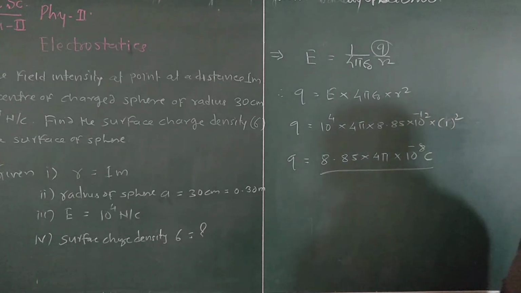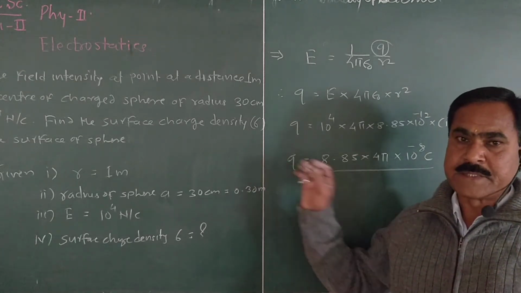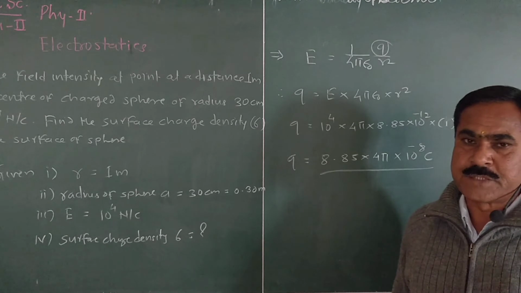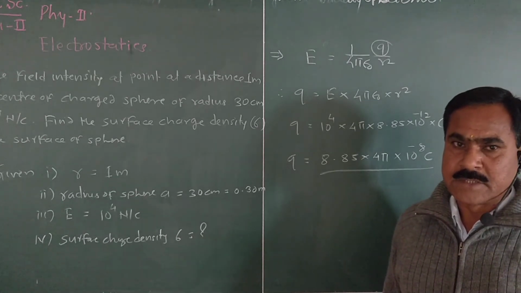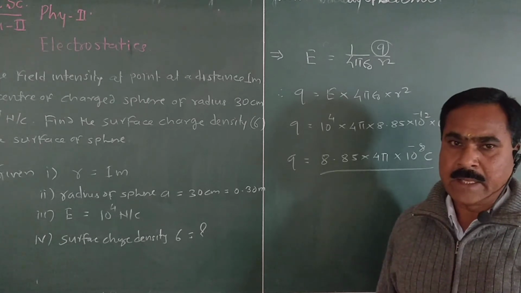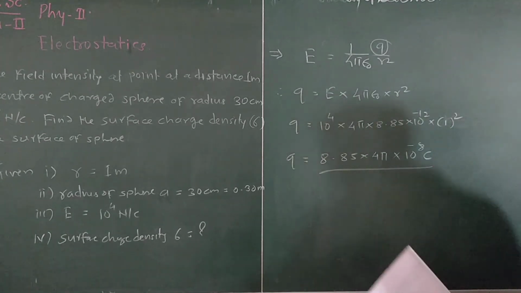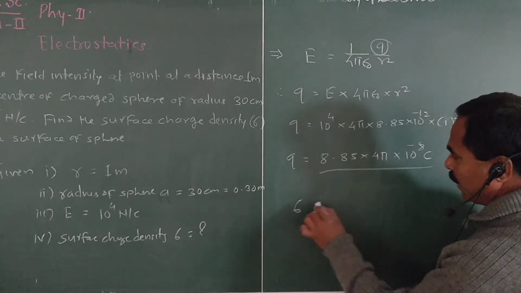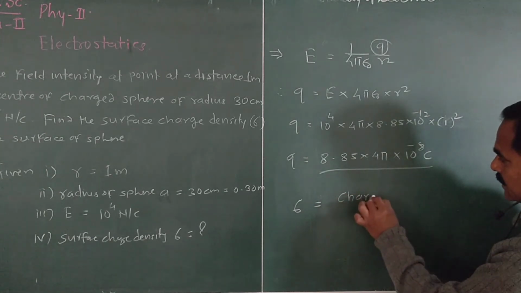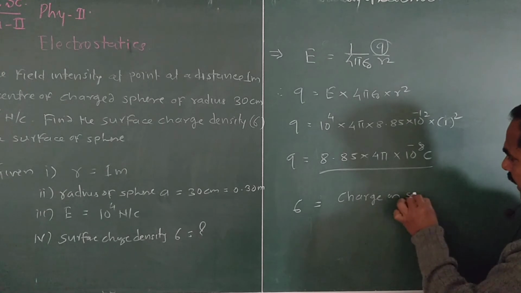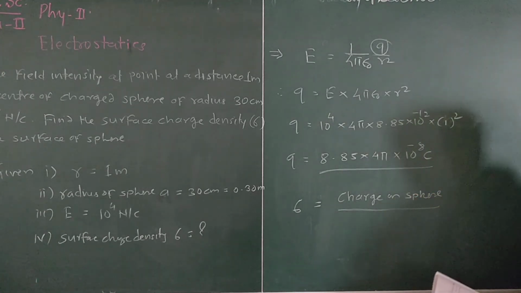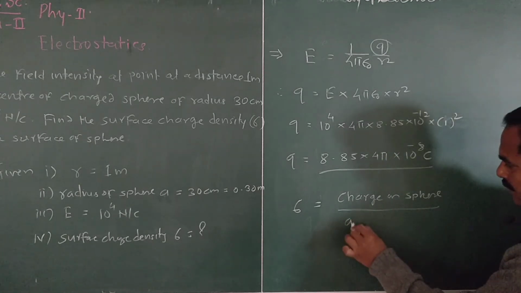Then we know the definition of surface charge density. Surface charge density is the ratio of charge per unit surface, charge per unit area. Right here, sigma equal to charge on sphere divided by area of sphere.